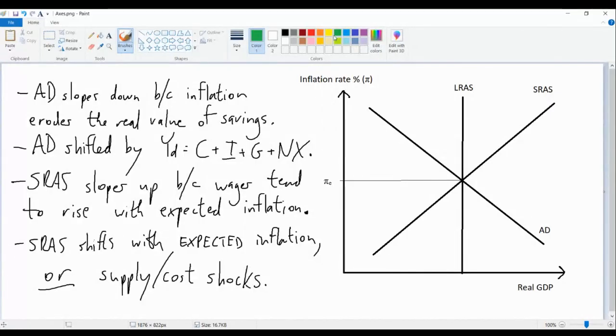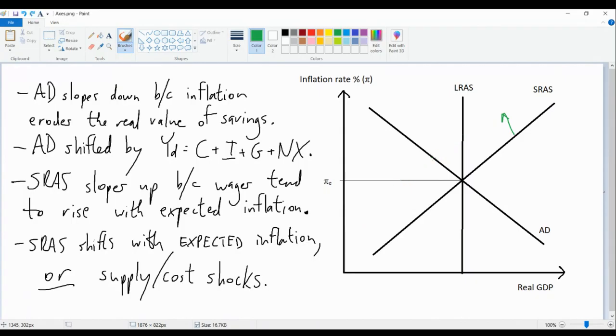A supply shock is something that raises the cost of inputs. We discussed the case of oil shocks. If the price of oil quadruples, then that makes production harder, more expensive, discourages production, and you will end up with the supply curve shifting.